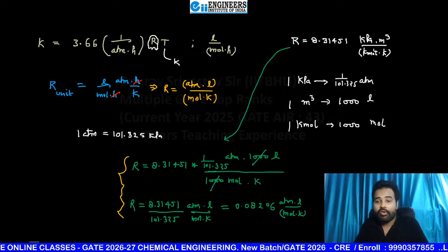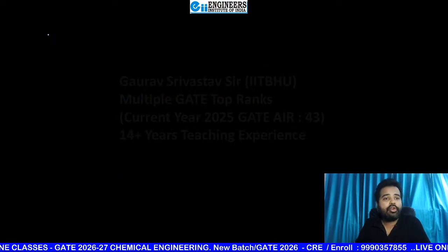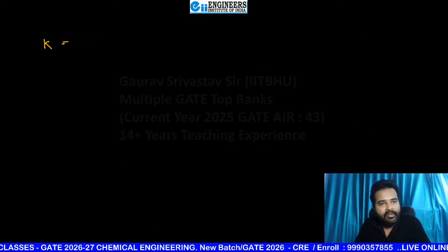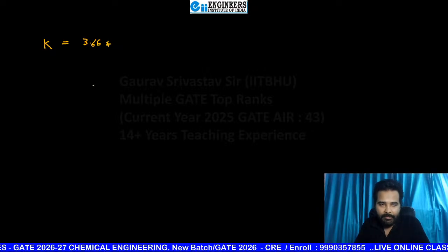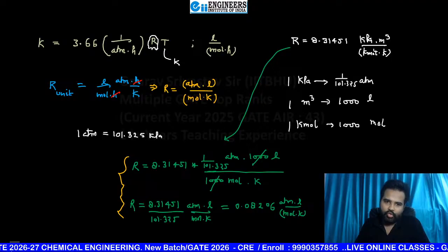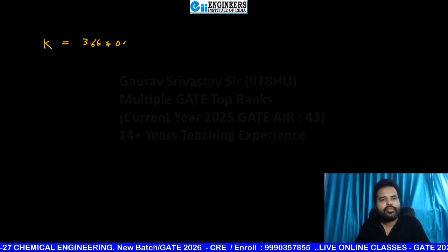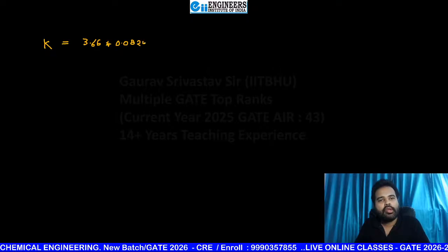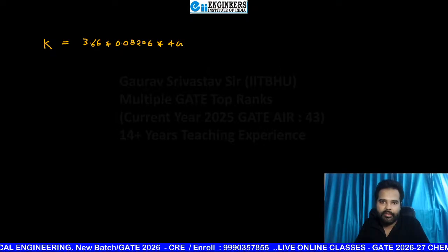Okay, so now you just have to put it in. The value of k this time will be 3.66 multiplied by, as we already checked by cutting units, the R value directly here, 0.082006, and the temperature was 400 Kelvin.